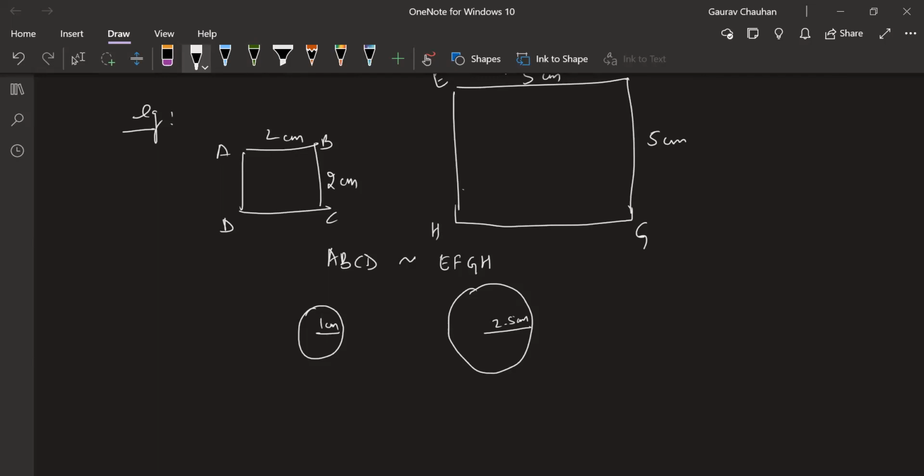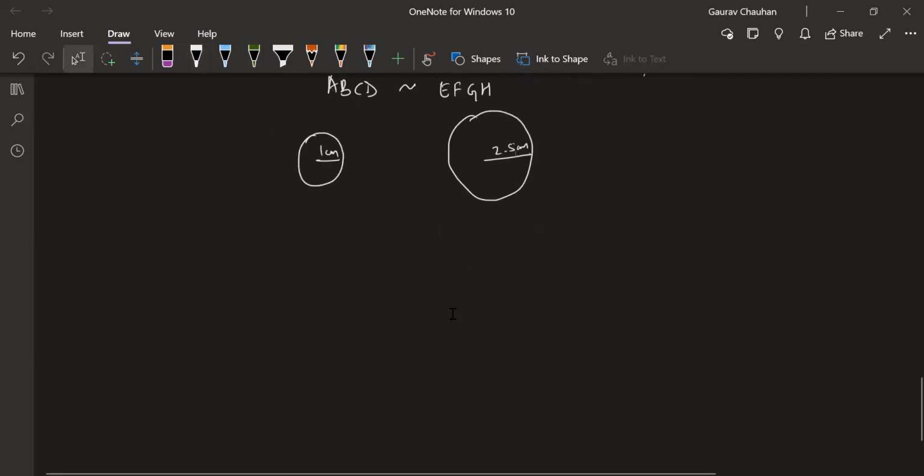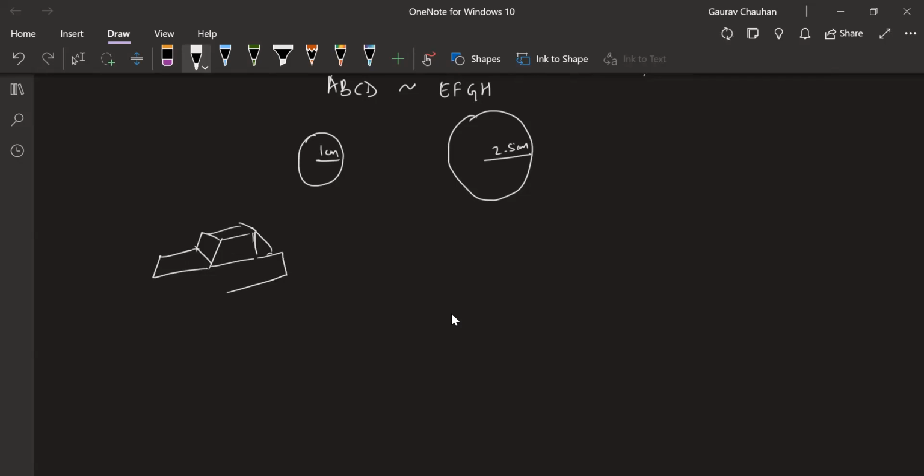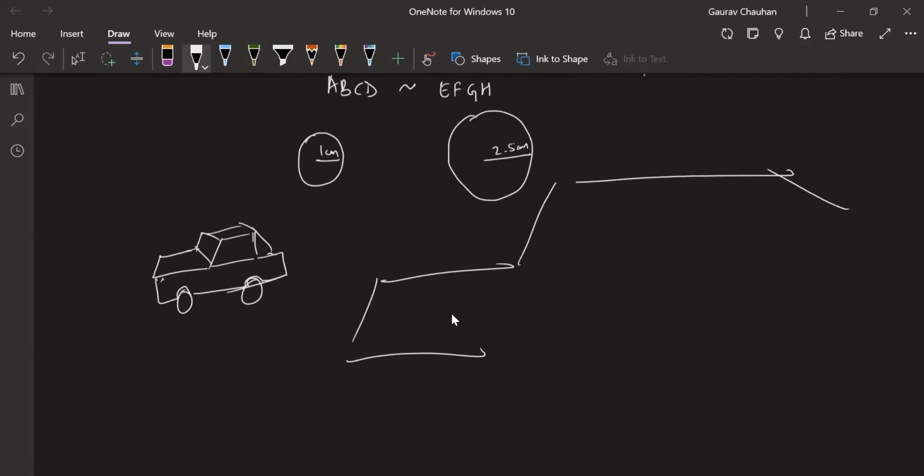For example, if you were to think in 3 dimensional, think of a toy car, any car which is your favorite car, and think of the same exact car in real on the road.